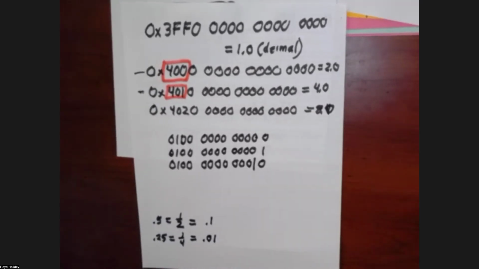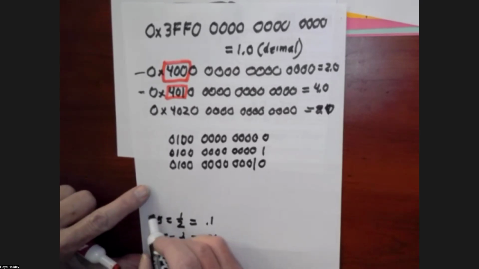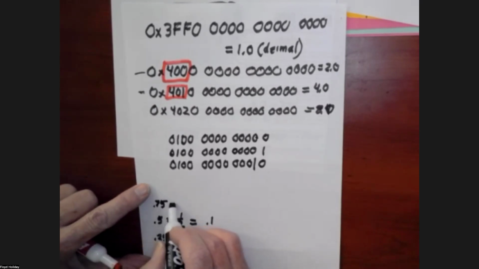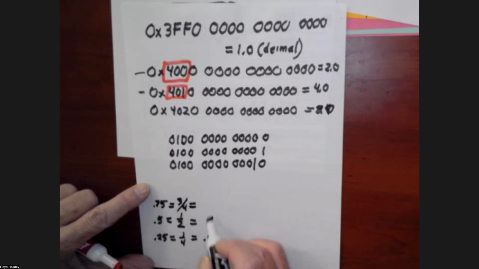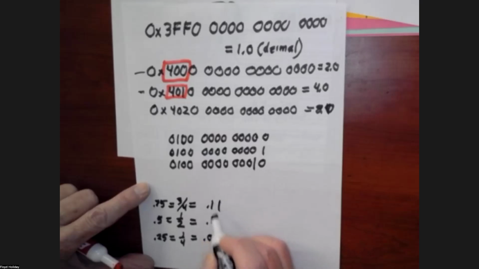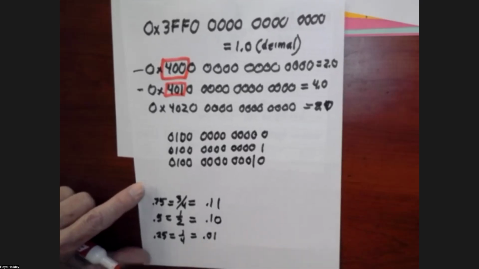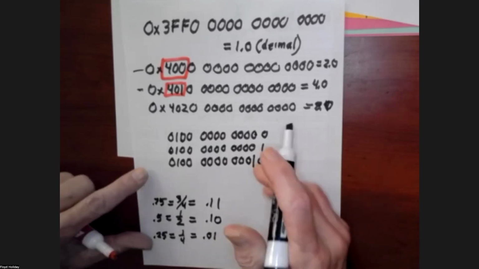That's how you take the half of a binary fraction. 0.75 is 3/4, so we need to add a half. Okay, so that's what I'm doing here.